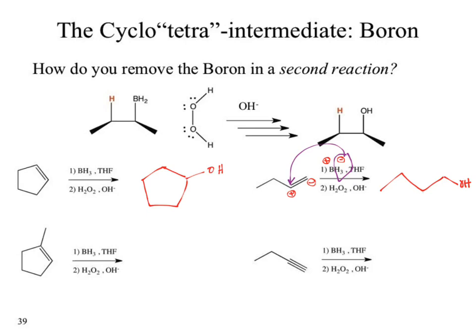Okay. Lower left-hand corner. OH goes there. We got a little bit more than that. So I'm hearing an OH goes here and an H goes here. No, the hydrogen will go on the tertiary.